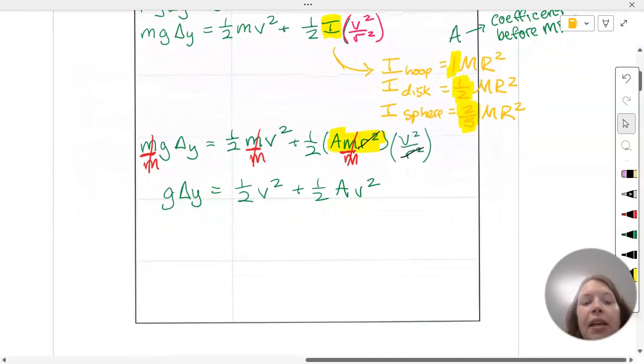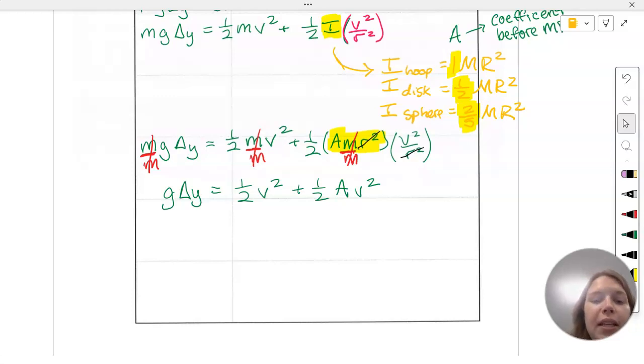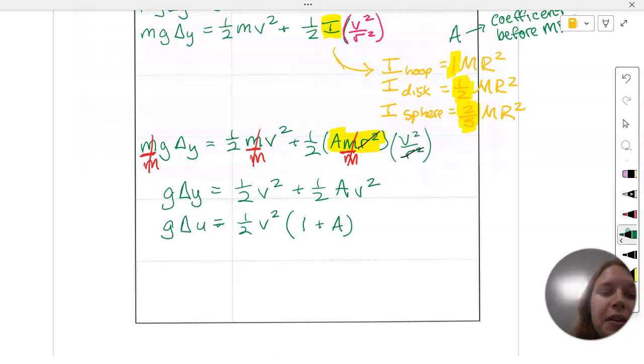So we can pull out the 1/2 and pull out the v squared, or isolate them, as I've heard some of my students use that term. So 1/2 v squared times, so how many times does 1/2 v squared go into 1/2 v squared? 1. And then how many times does 1/2 v squared go into 1/2 A times v squared? A. And we have g delta y.